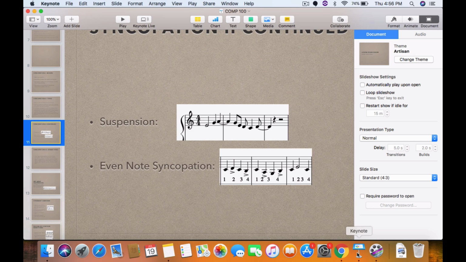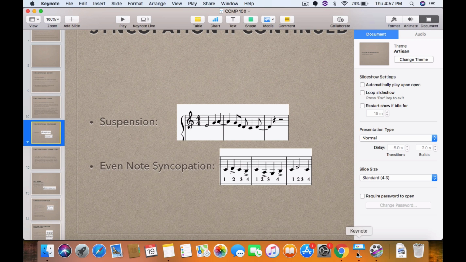So we have the suspension, which is the top rightmost picture. In that suspension, you can see that there is a note on beat 4 tied to beat 1 of the next measure.